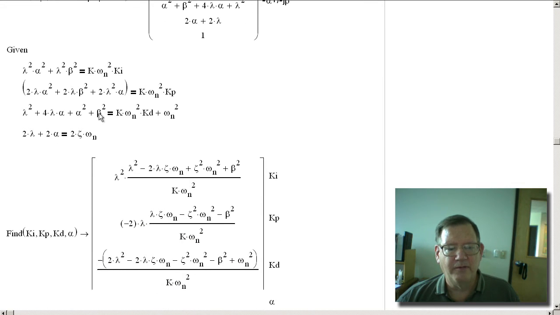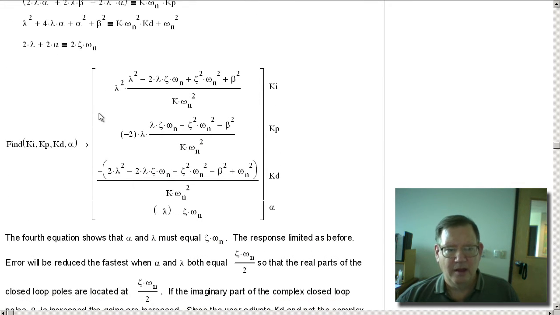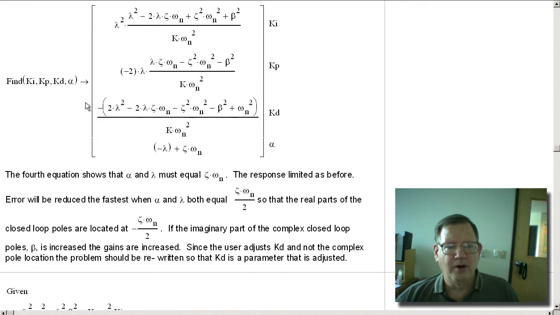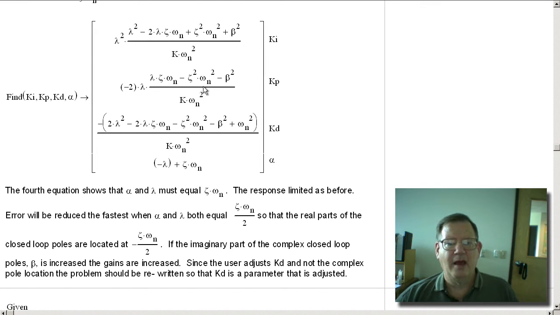I'm going to solve, but just like before, I get a Ki, Kp, Kd, and an alpha, but the real part of the complex poles plus the lambda still must be equal to zeta times, well, basically the damping factor times natural frequency.